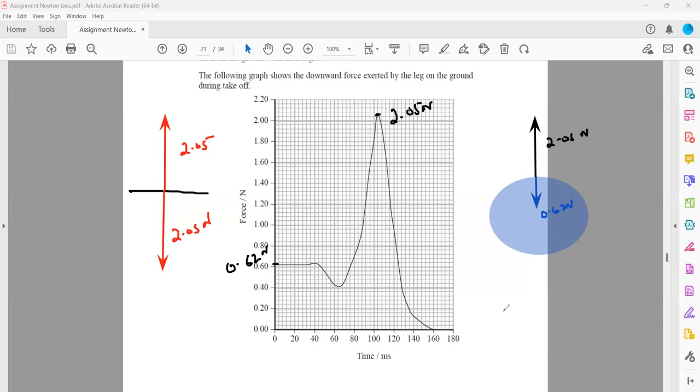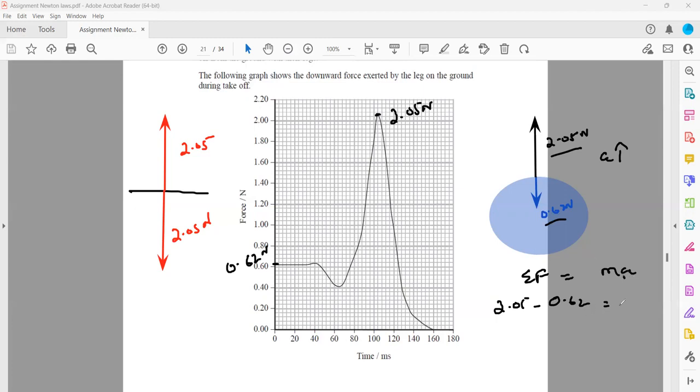As a result, 2.05 minus 0.62 will create a resultant force on the bird. And according to Newton's second law, resultant force is equal to ma. So 2.05 is upward, 0.62 is downward. As a result, there will be an acceleration upward. And that acceleration is given by force equals ma.